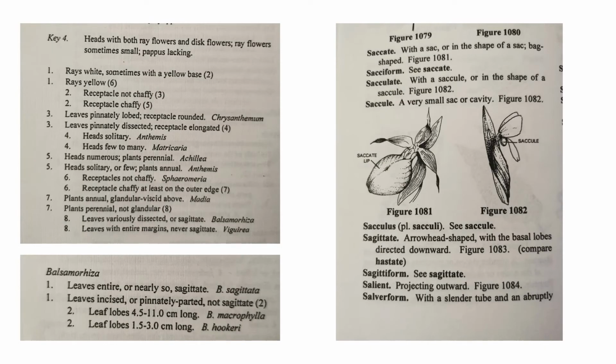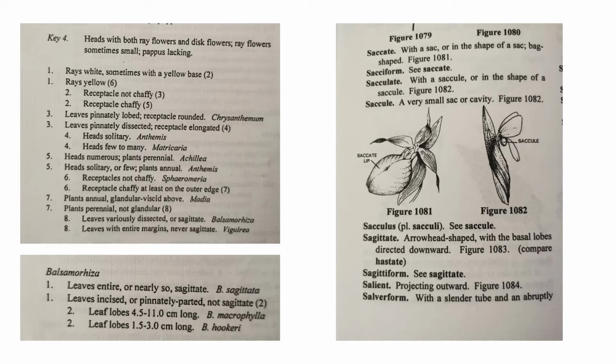Okay, so here we are in key 4, and we see we can immediately go here to this second number 1 with rays being yellow. So we're here at 6. And it's asking if the receptacles are not chaffy, or if they are chaffy at least on the outer edge. And chaffy is chaff-like, and chaff is thin, dry scales or bracts, as the bracts on the receptacle of the heads of Compositae.